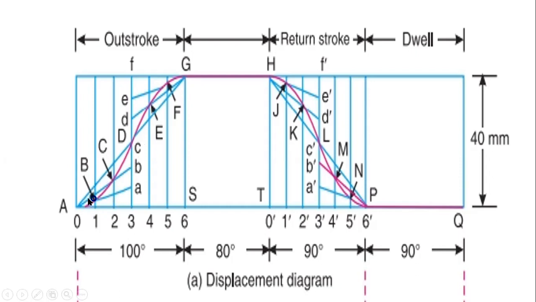So from that, we got the intersection points as B, C, D, E. So these are the B, C, D, E, F points, and we have to join the points through a freehand curve.